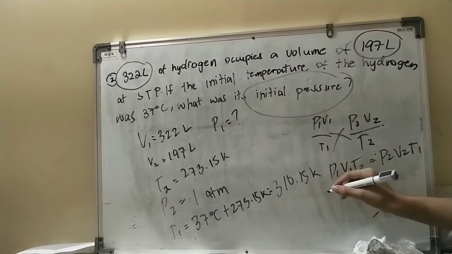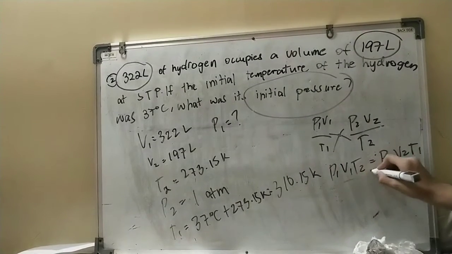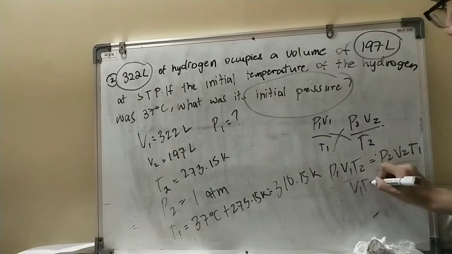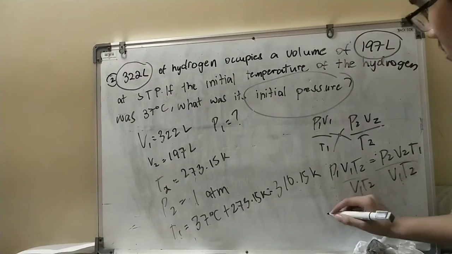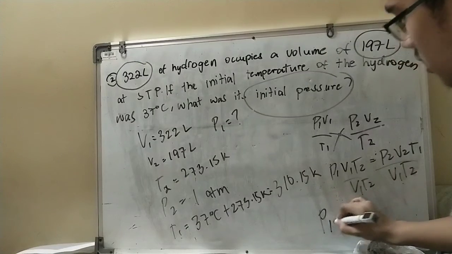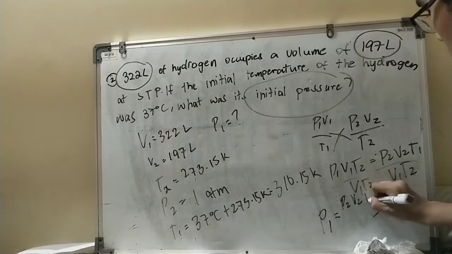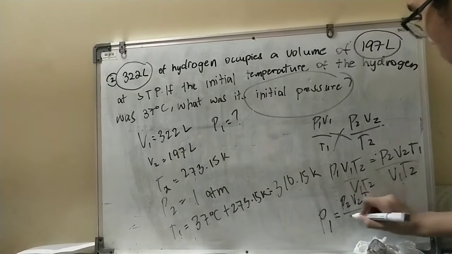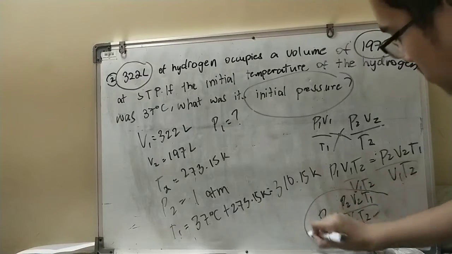Initial pressure. So in order for this to be only on this side, we need to divide both sides by V1 T2. Now, our derived formula is P2 V2 T1 over V1 T2 is equal to the initial pressure.